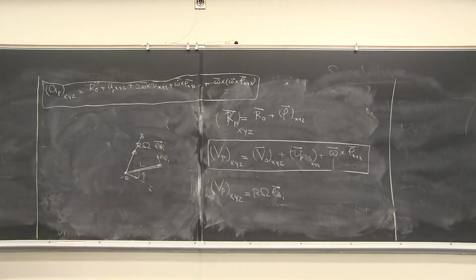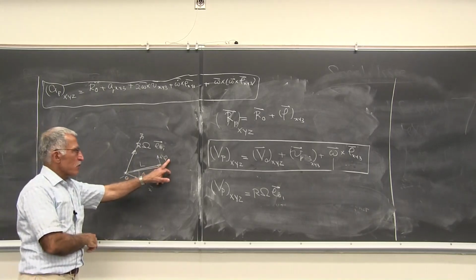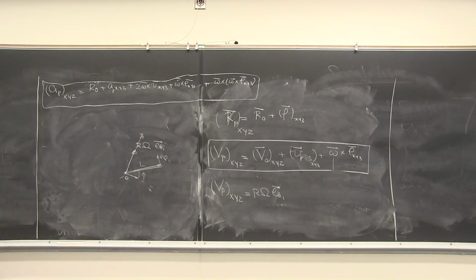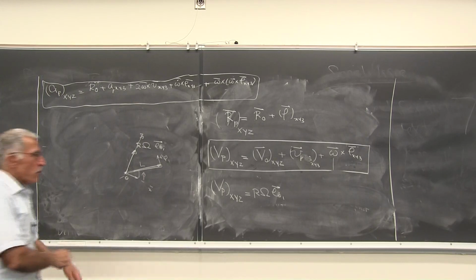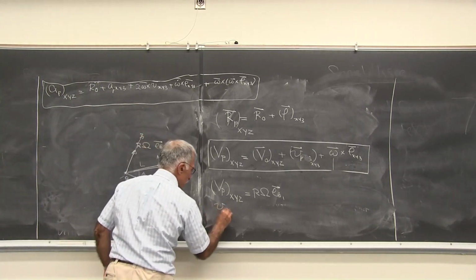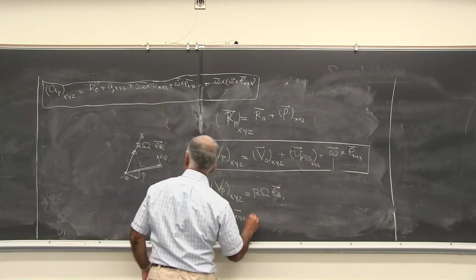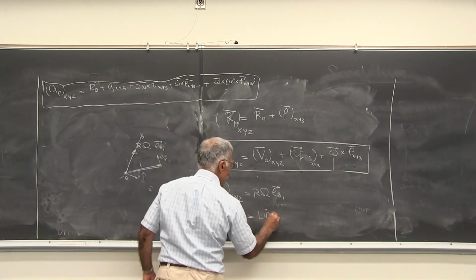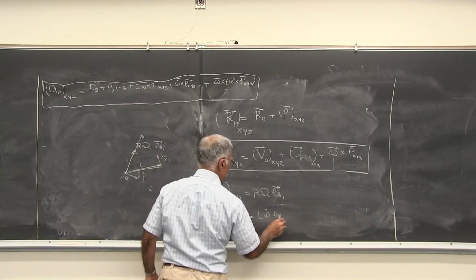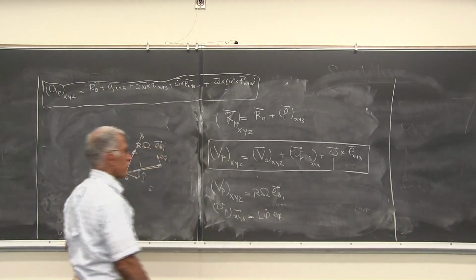That is the direction of that velocity. And if you know phi and all of those things, you should be able to say what the direction of that one is. So the velocity of point P with respect to the small xyz is equal to L phi dot in the direction E phi.